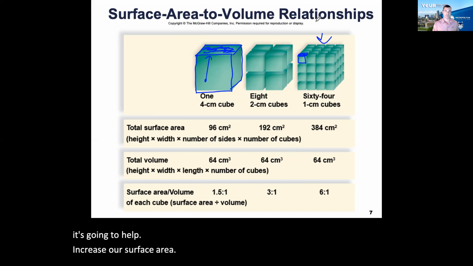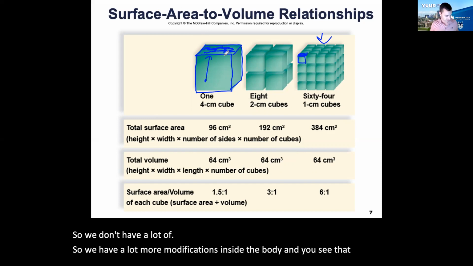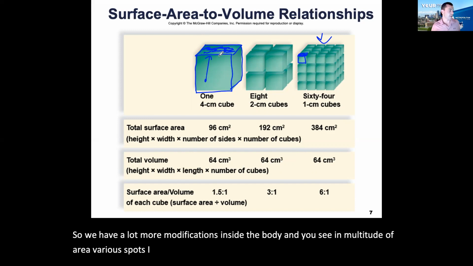Villi on plicae circularis, villi, and microvilli. So we have a lot more modifications inside the body, and you see that in a multitude of various spots. I'll just say one in the small intestine there.